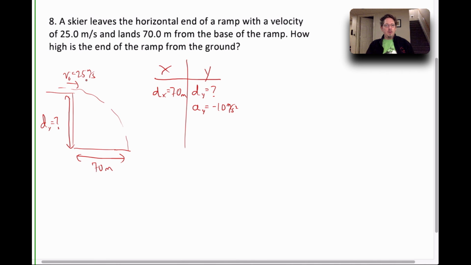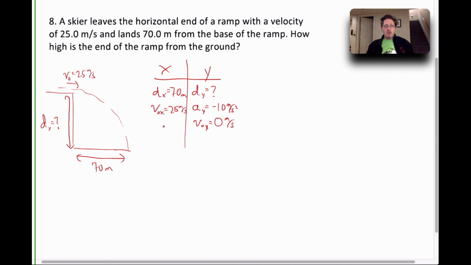And not only is it an original velocity, we can be sure that this is an original x velocity. Because if the surface was horizontal, then the skier, when they left, even though they were going 25 meters per second, none of that was up or down. So their initial y velocity was 0. Okay, so that's a given that we often forget, and that's going to be a key thing for us.